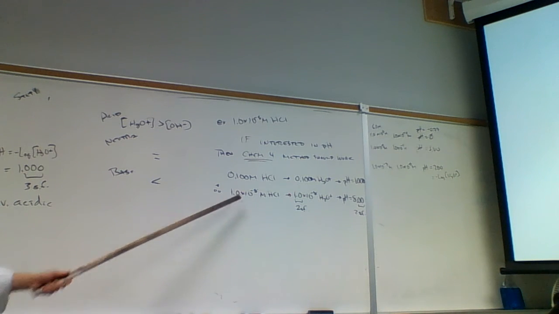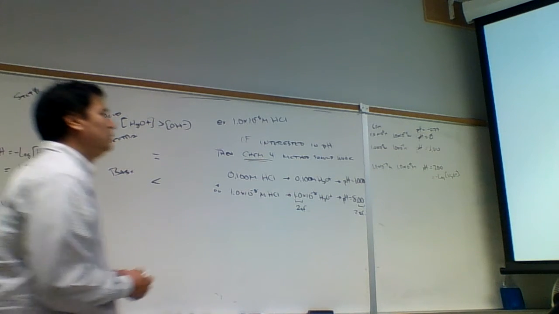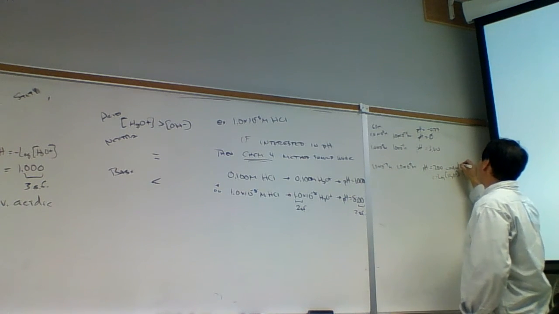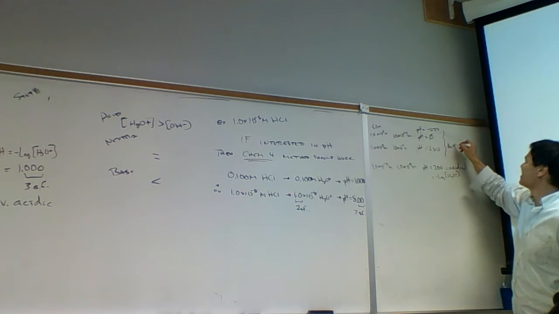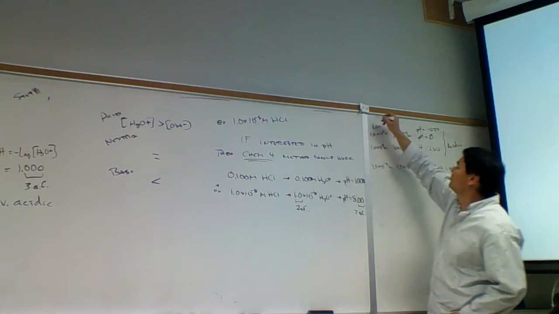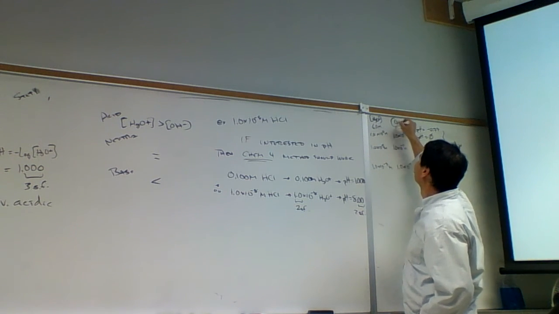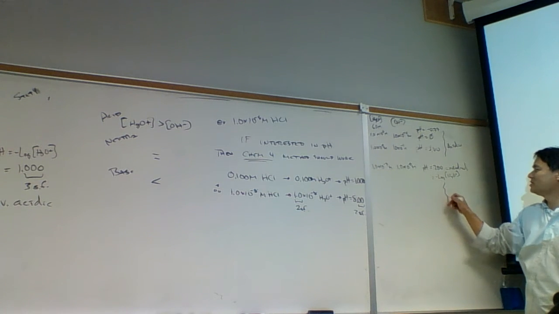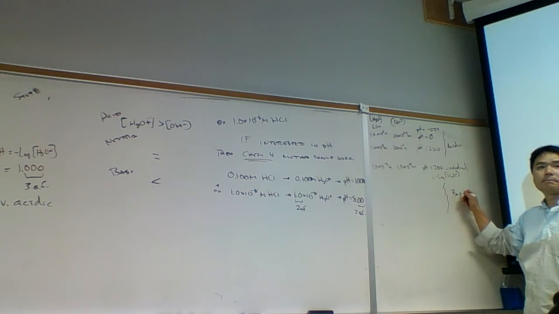What's wrong with this calculation? This is what's wrong. When the pH is 7, we call this neutral. When the pH is less than 7, we call this acidic because it has more hydronium. And this is the hydronium here. Then hydroxide. And so pHs less than 7 are acidic. pHs greater than 7 are basic.